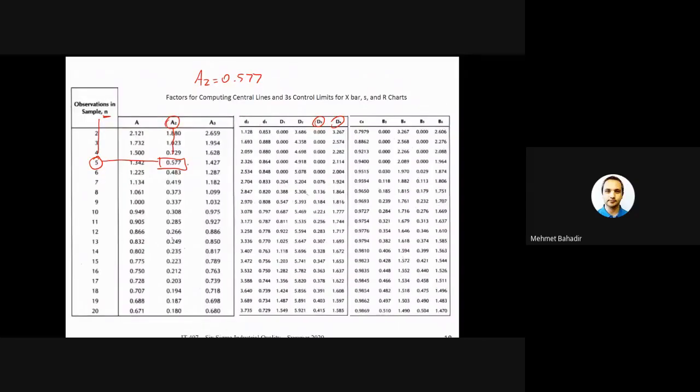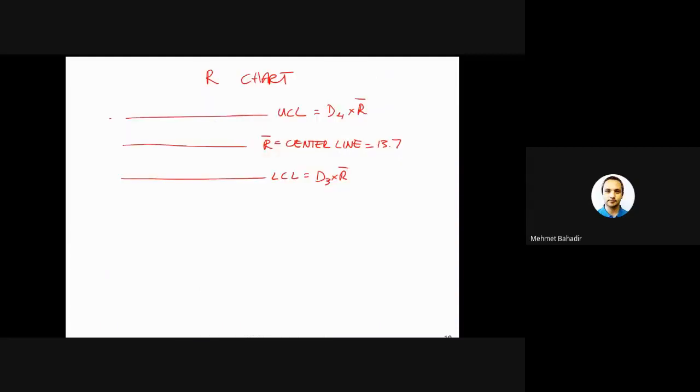So my sample size is 5. So what is my D3? D3 is 0 and D4 is 2.114. Now let's plug all these numbers into our formula.